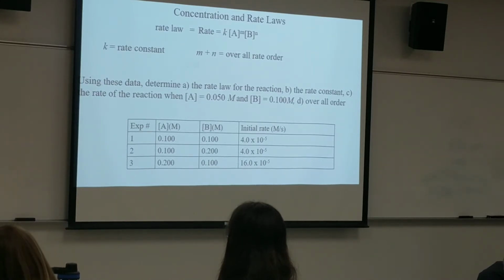When the reactants are at a certain concentration, what is the rate? And you can determine that because you know the rate constant and you know the concentrations. And the last thing, the overall reaction order, is this M and N or all the exponents added together. Those are the 4 questions. Any questions on that?